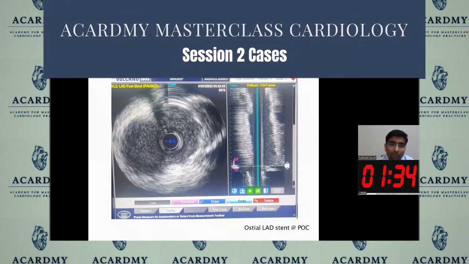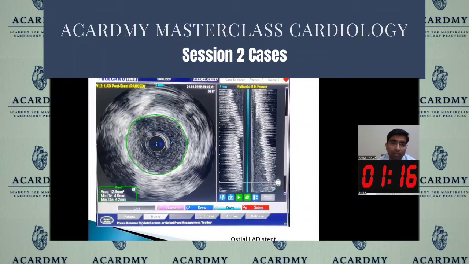And from that point to this point, this POC figure of 8 is well maintained, with no pinching of the left circumflex. It was the last IVUS frame where the stent struts of the LAD could be visualized, and it was 1.3 mm distal from the actual ostial LAD site.